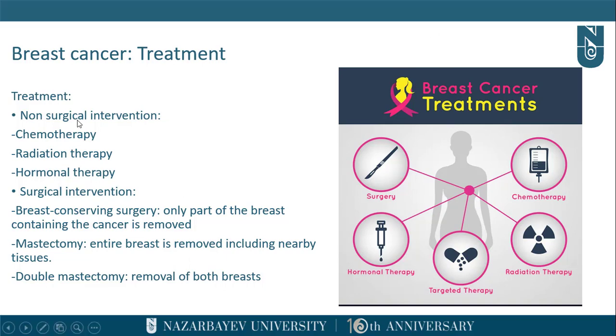Non-surgical treatment would include the application of hormonal therapy, that's systemic, radiation therapy for localized, and chemotherapy again, which is systemic. And surgical intervention involves the removal of entire breasts. If it's a single entire breast, then it's mastectomy, and if it's the removal of both breasts, just to be sure of the complete removal of breast cells, that is double mastectomy.